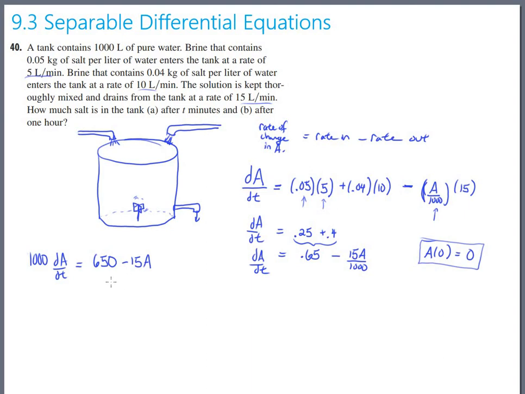I am going to divide both sides by 650 minus 15A and multiply both sides by dt. Oops, still a dA here.